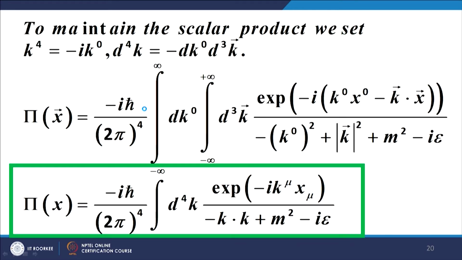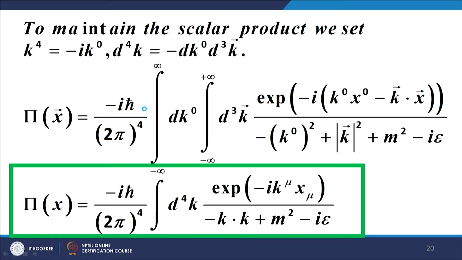However, to ensure that the scalar product remains invariant, we need to do a transformation of the wave vector also. The transformation for the wave vector will take the form k 4 goes to minus I k 0 in order to ensure that the scalar product remains unchanged, and on doing the transformation, the expression that we get for the propagator in Minkowski space is the expression given in the green box here.